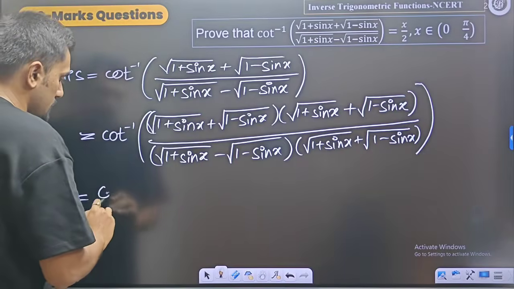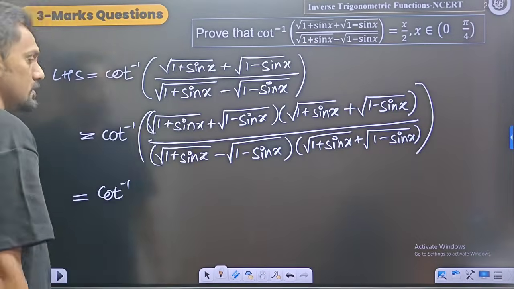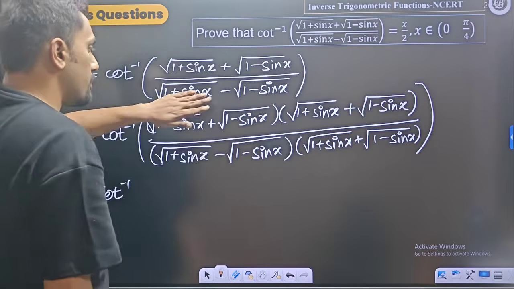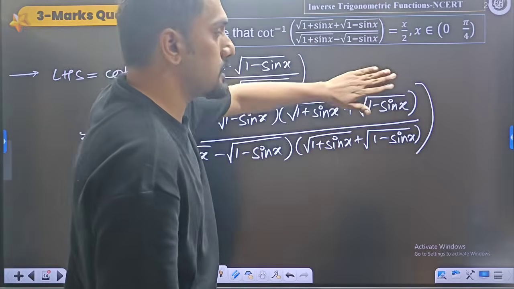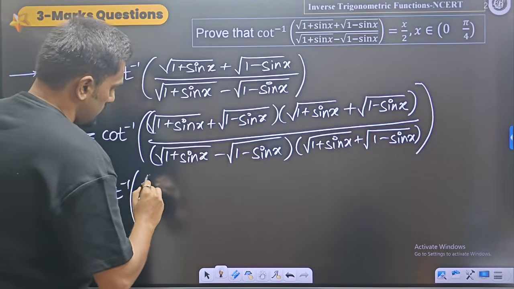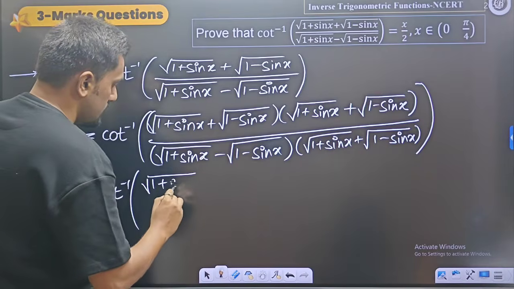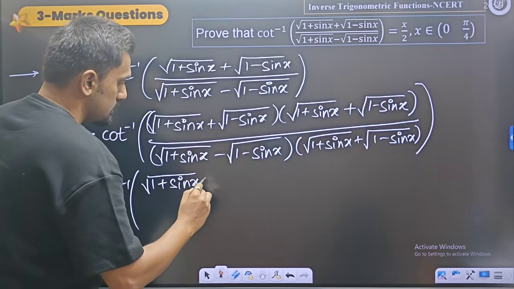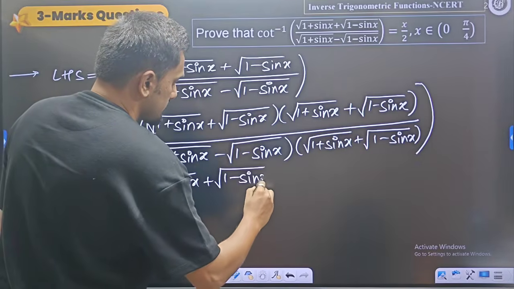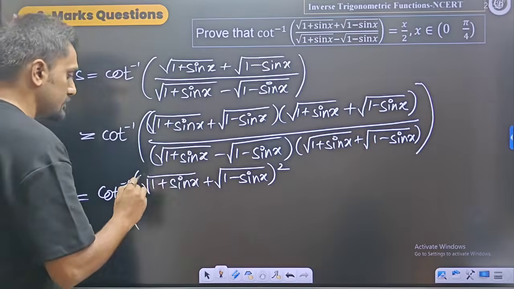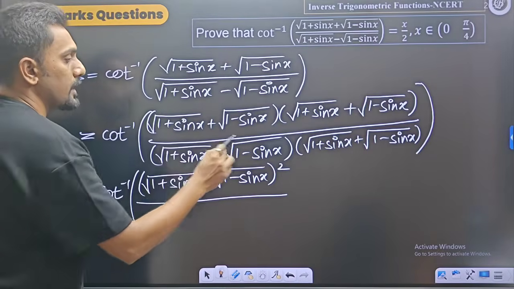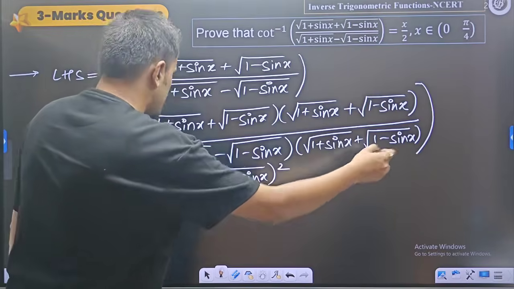So this becomes cot inverse of, this is of the form a plus b into a plus b, a plus b whole square, right? Where a is nothing but root of 1 plus sin x and b is root of 1 minus sin x, whole square, divided by, this is of the form a minus b into a plus b.